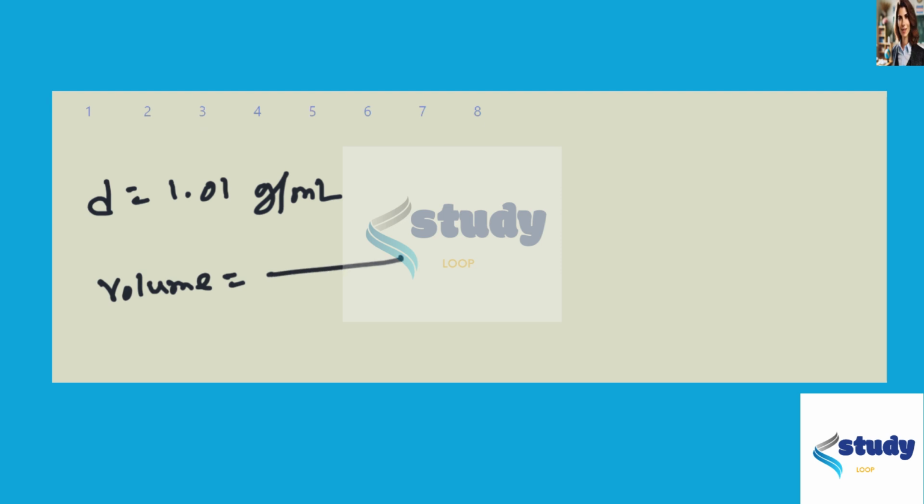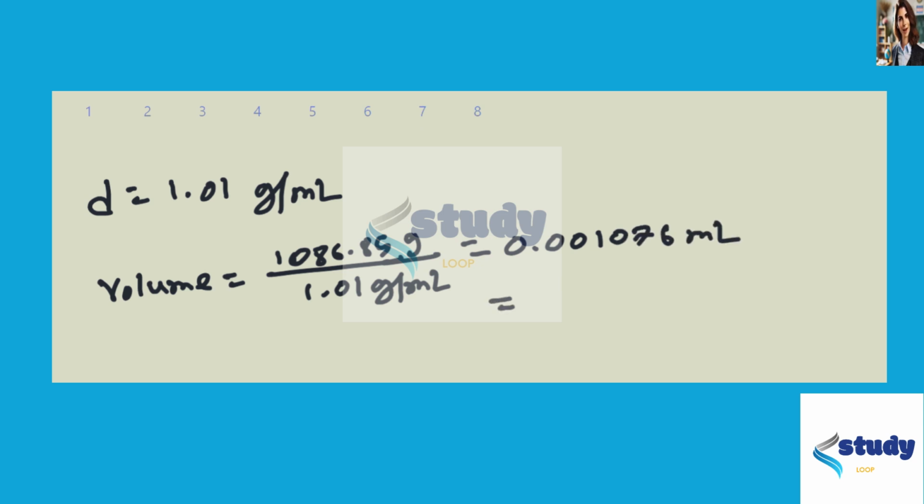The mass we calculated as 1086.85 gram over the density, and this will give us the volume as 0.001076 milliliter, or if we convert it to liter, we'll have 1.076 liter. So this is the volume of the solution.